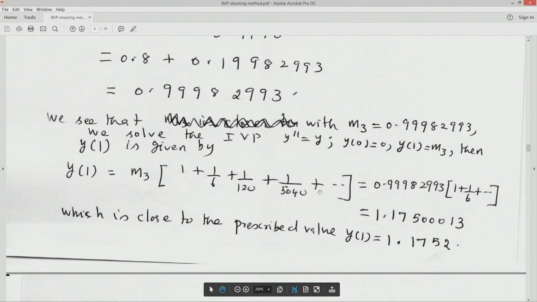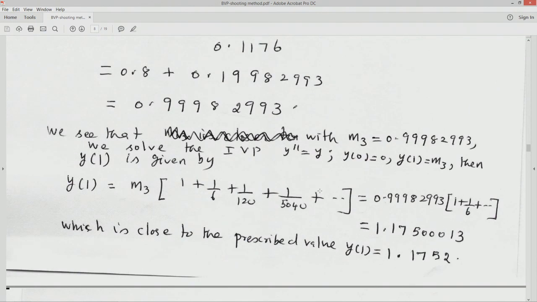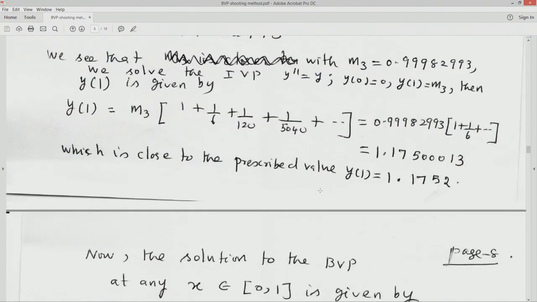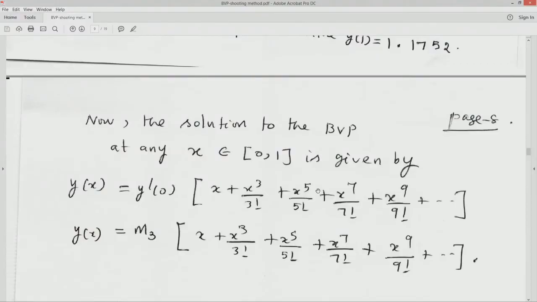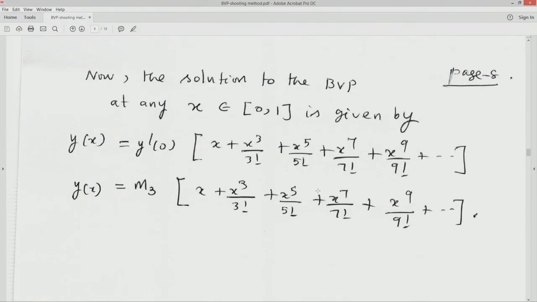1.1752. So, having solved the initial value problem and determined the m3 which should be the slope that I should use, so that my solution will be close to the desired degree of accuracy, I write down the solution to the boundary value problem at any x in the interval 0 to 1.